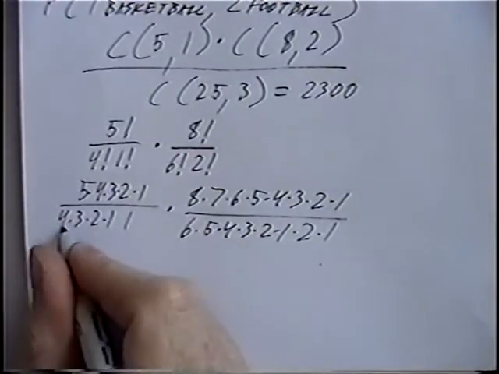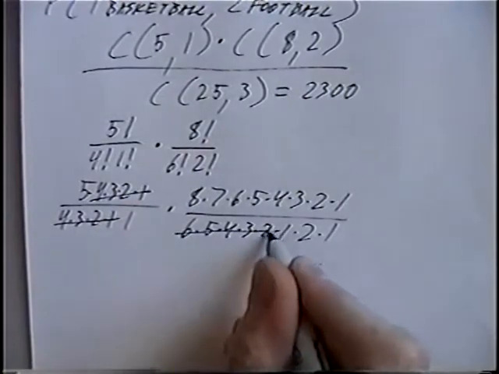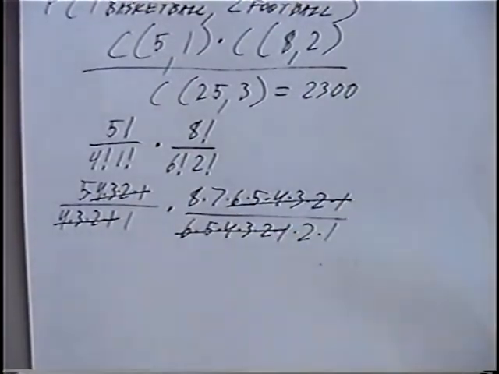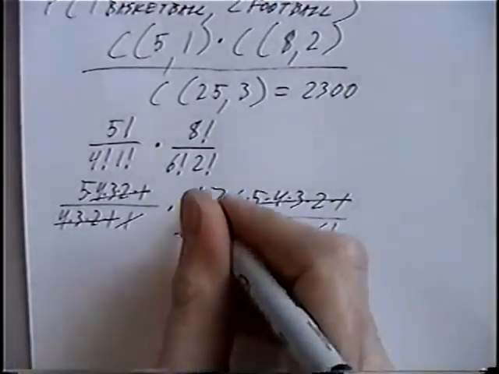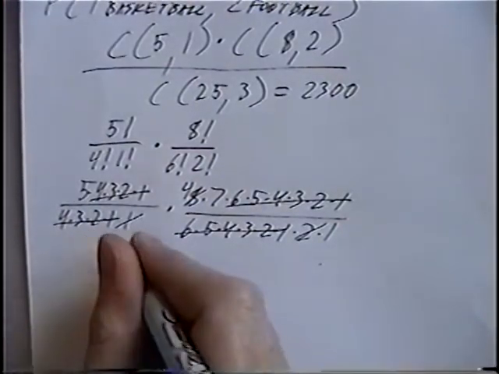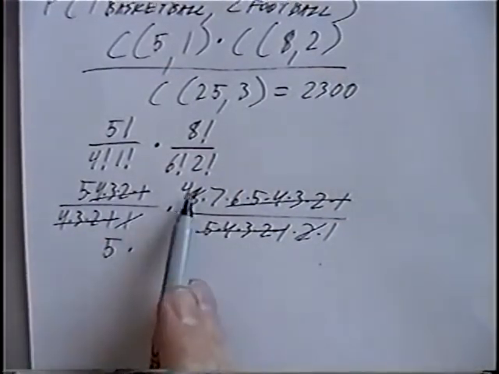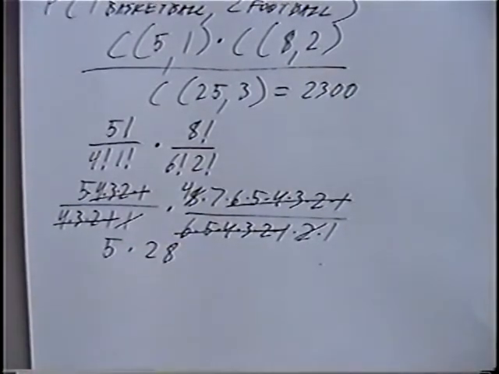Crossing off what's in common, 4, 3, 2, 1 on the first fraction cancels. 6 through 1 also cancels. The 1 on the first fraction we can ignore, and the 2, we can divide the 8 by 2 to get 4. So we're left with 5 in the first fraction, and we have 4 times 7, which is 28 in the second fraction.